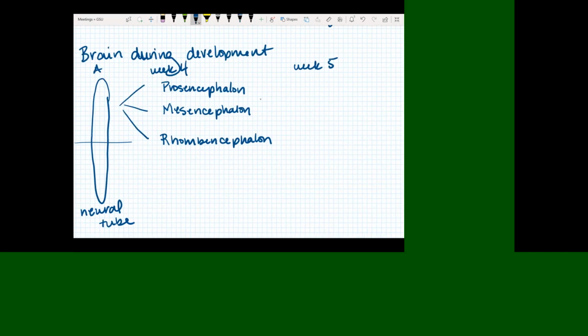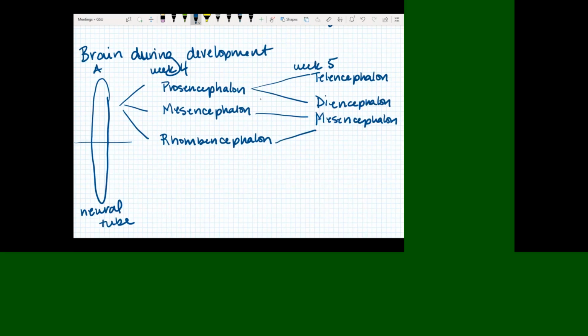So your prosencephalon will branch into 2 areas. It'll be your telencephalon, and your telencephalon will then be followed by your diencephalon. Your mesencephalon actually stays your mesencephalon. That does not change. And then your rhombencephalon also will split into 2, and it will split into your metencephalon and your myelencephalon.